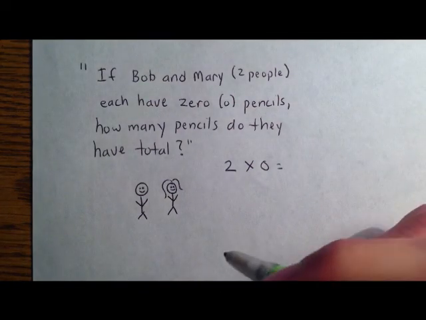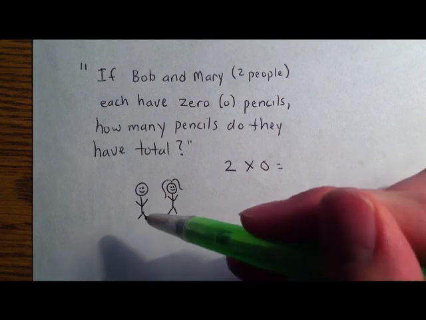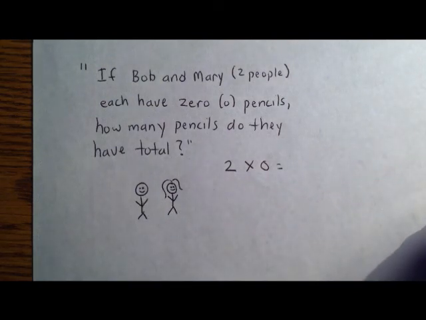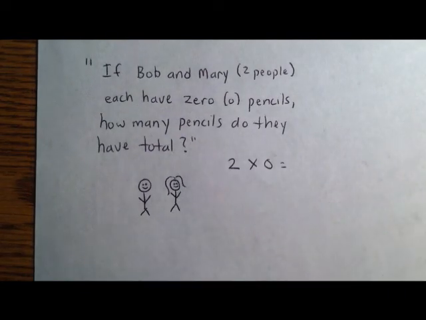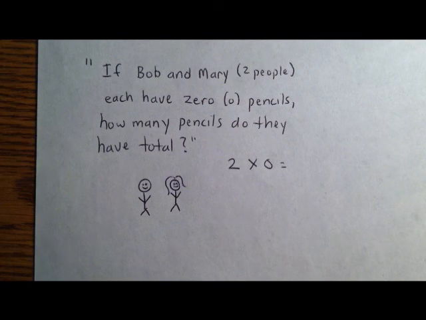If Bob and Mary each have 0 pencils, which means they have no pencils at all, I didn't draw any pencils because they don't have any. We've got 2 people, and we've been told they don't have any pencils. So how many pencils do they have total? 2 times 0, answer 0. They don't have any pencils. So it's an easy way to understand that anything times 0 is always going to be 0.